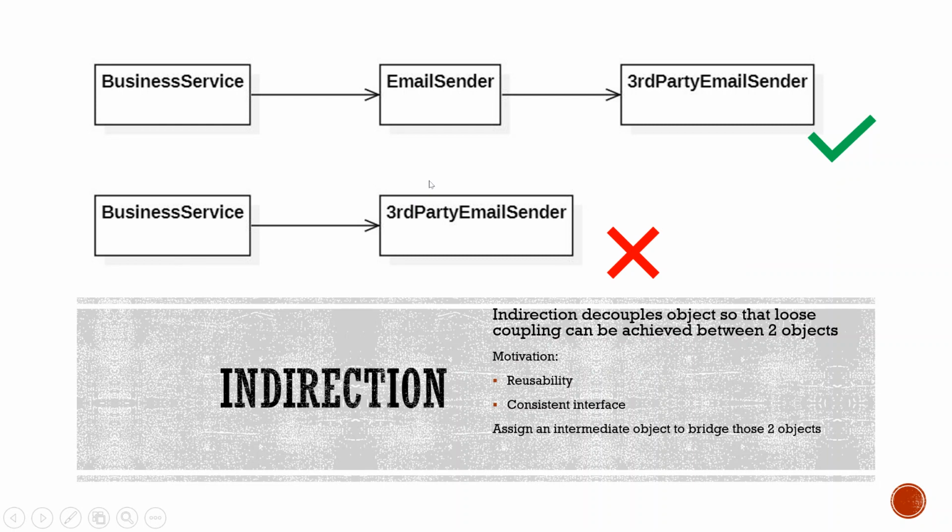The next pattern is indirection. You can see in the example that the business service class uses the third-party email sender at the bottom picture. At the top, the third-party email sender class is encapsulated by the email sender. It's called an indirection. So the motivation is, first, reusability. By encapsulating and preventing direct access, sometimes we can achieve reusability.